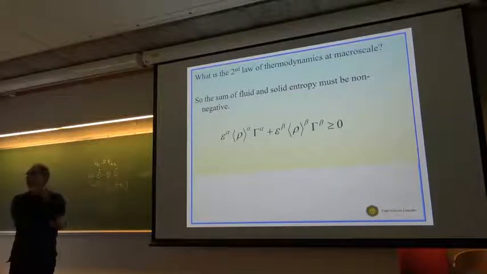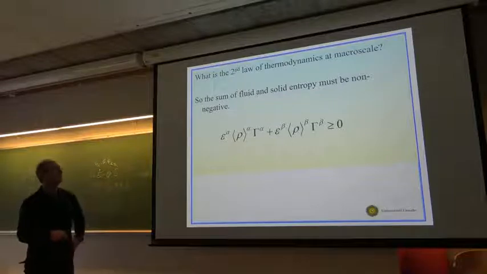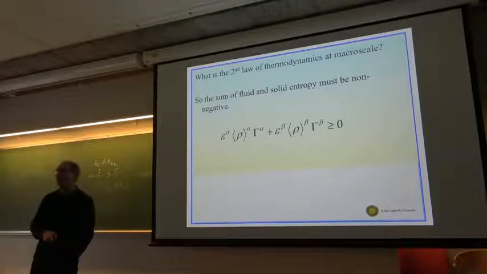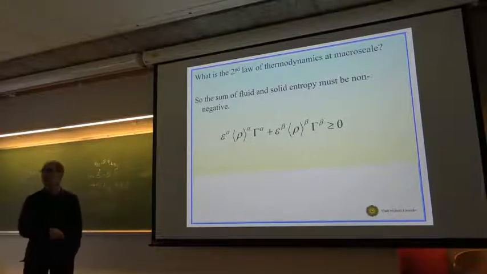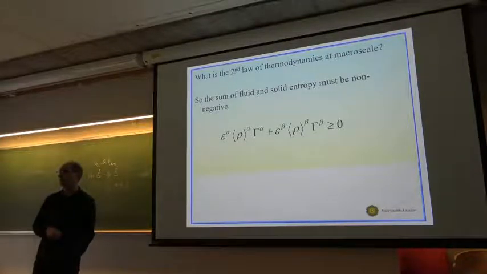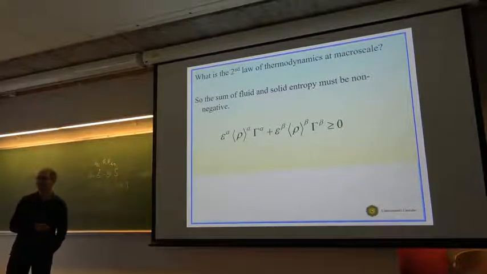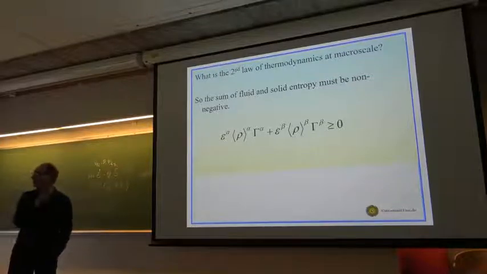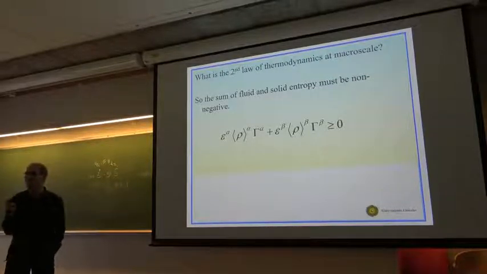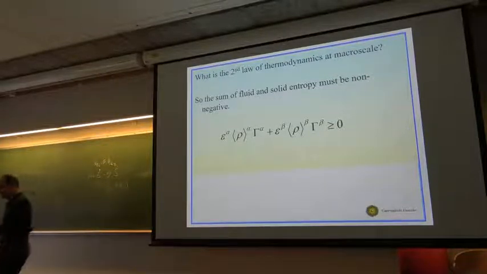So I have now derived balance laws at the REV scale, and I have a second law of thermodynamics at the REV scale. Is everyone happy? Any reservations? I'm not having any tricks anywhere, nothing hidden, okay?